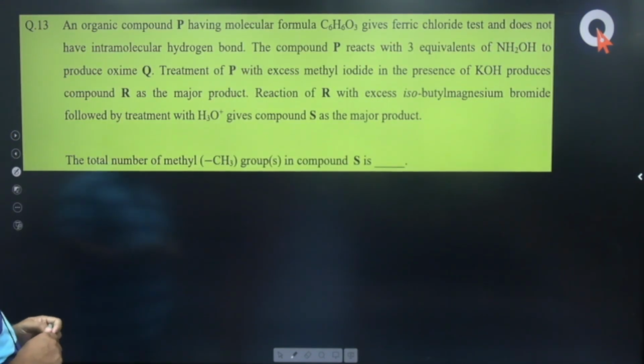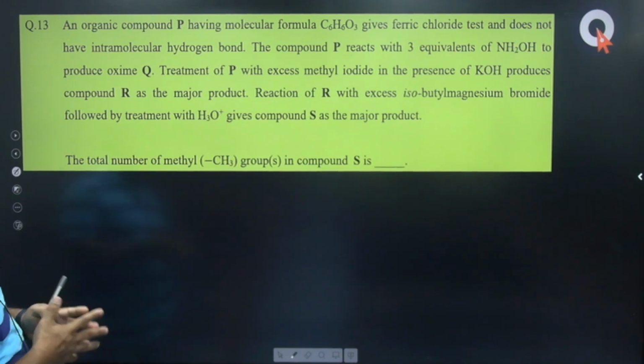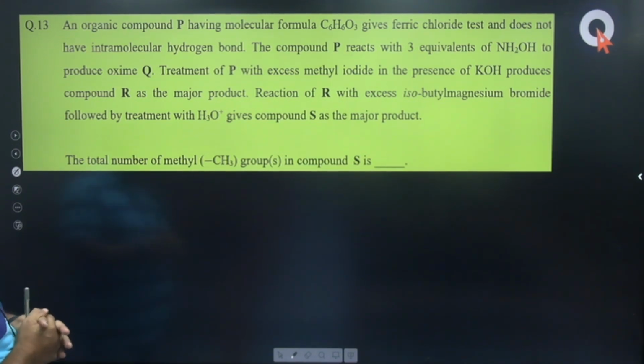Next. Our organic compound P having the molecular formula C6H6O3 gives the ferric chloride test and does not have intramolecular hydrogen bonding, which means it is not at the 1,2 positions mostly. The benzene ring may be related, C6H6 is there, unsaturation is more, and ferric chloride test means it should be a phenol type.